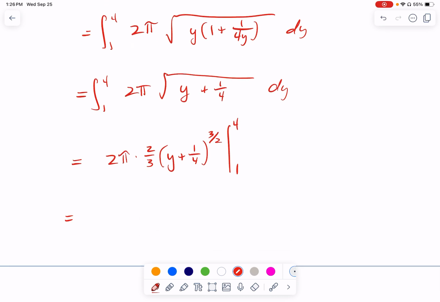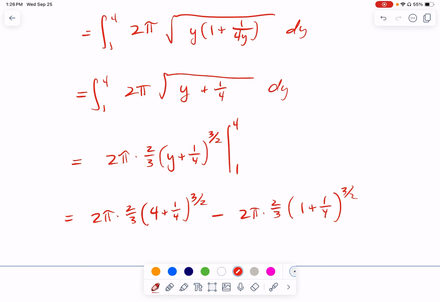So if we plug in 4, we get 2 pi times 2/3 of 4 plus 1/4 to the 3/2 minus 2 pi times 2/3, 1 plus 1/4 to the 3/2.